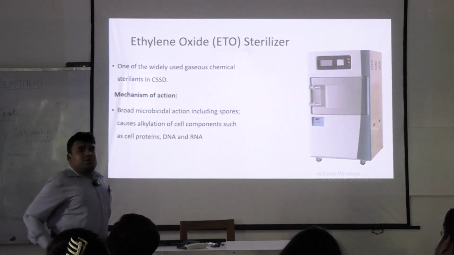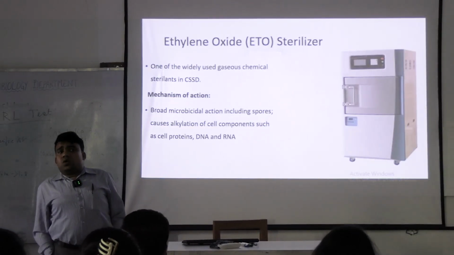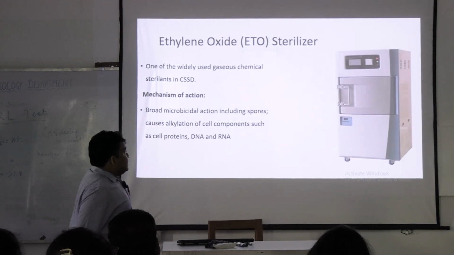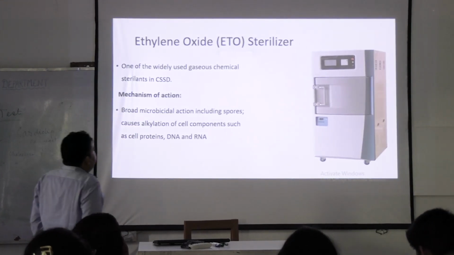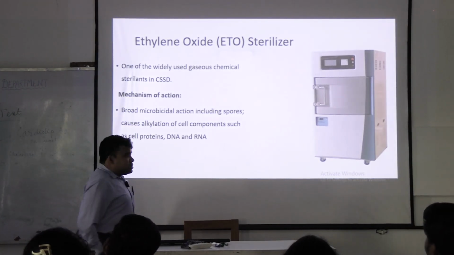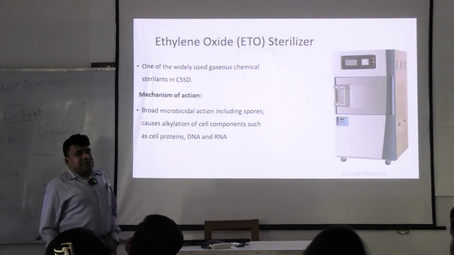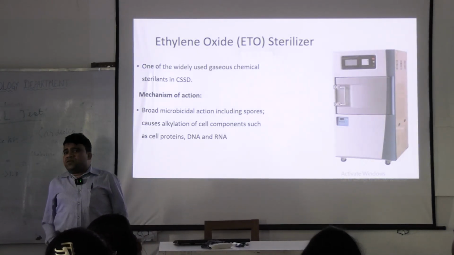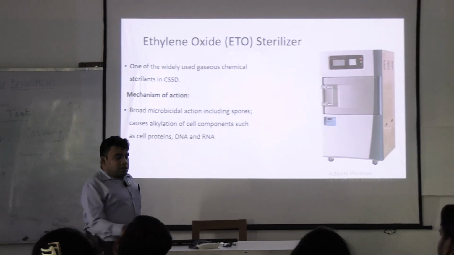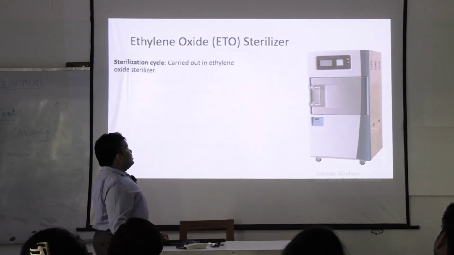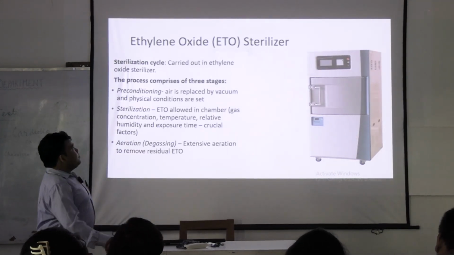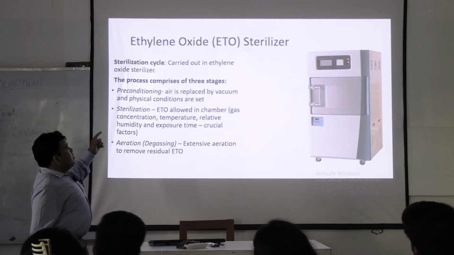Now coming to the next method, this is called ETO sterilizer or ethylene oxide sterilizer. Over here, ethylene oxide is used for sterilization. What it does, it damages the nucleic acids of the microorganism. How it is done?